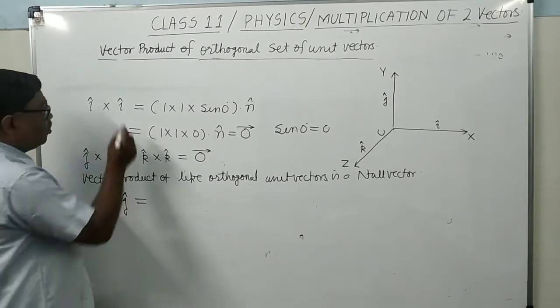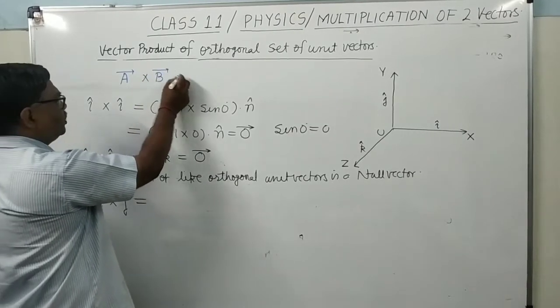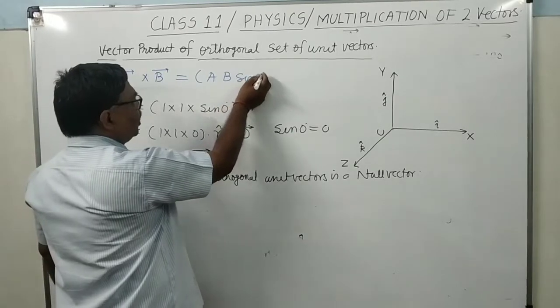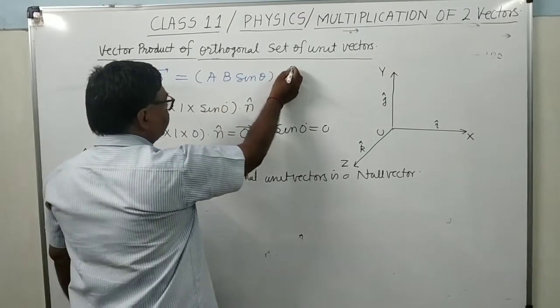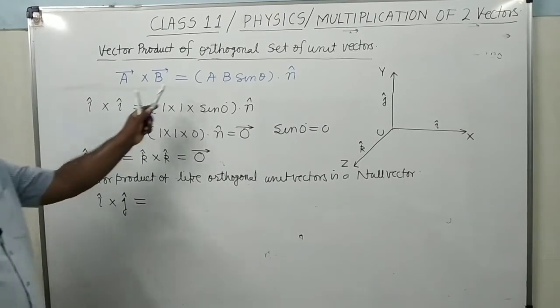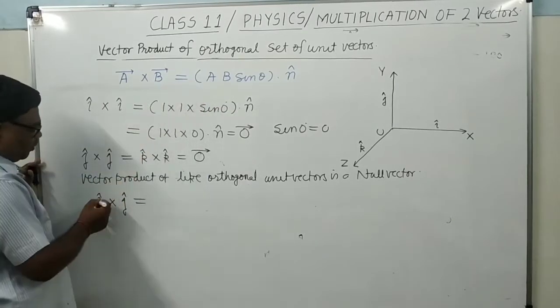What will be the magnitude? As we know, vector A cross vector B equals AB sine of the angle between them into unit vector n. First find this bracket. What is the magnitude of unit vector i?